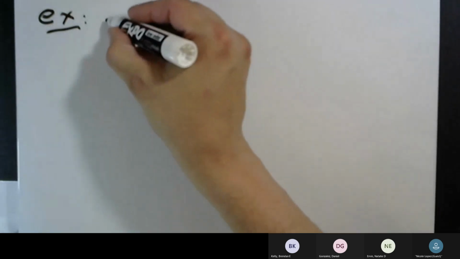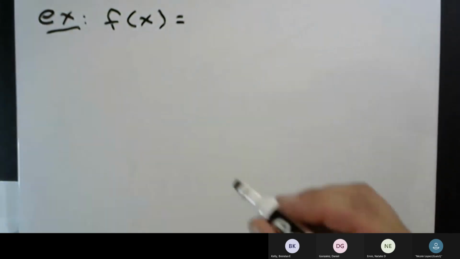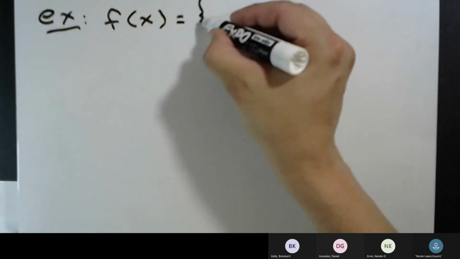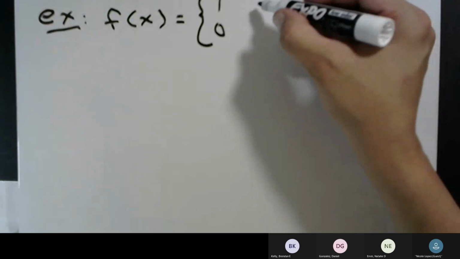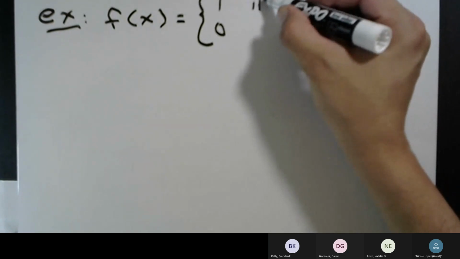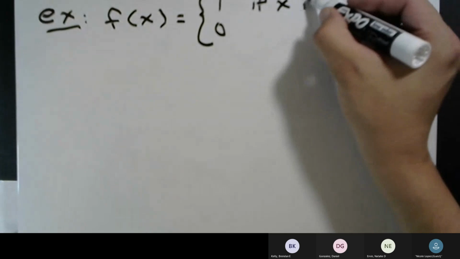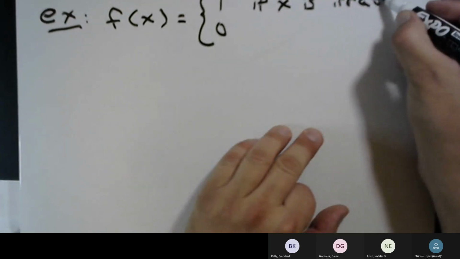You have a function defined as such, and this does not have finitely many discontinuities. It has infinitely many. And it's going to be equal to 1 if x is irrational.